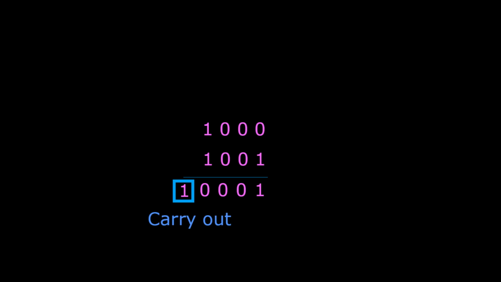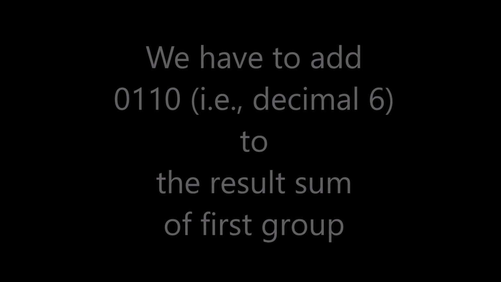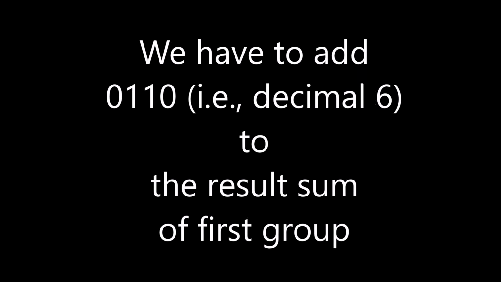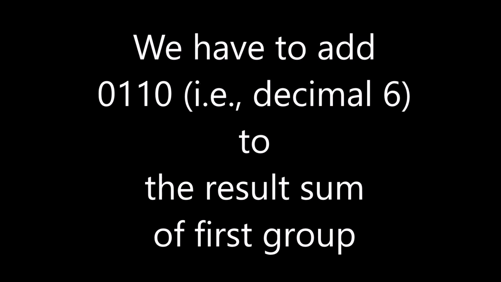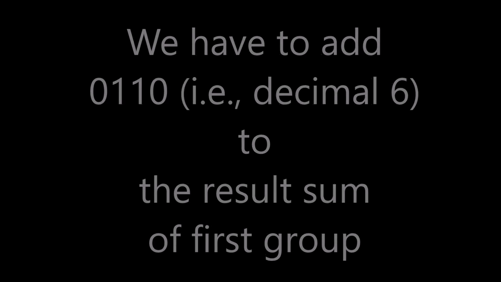But since 1 is the carry out here, from the rule of BCD addition, we have to add 0110, which is decimal 6, to the result sum of the first group.